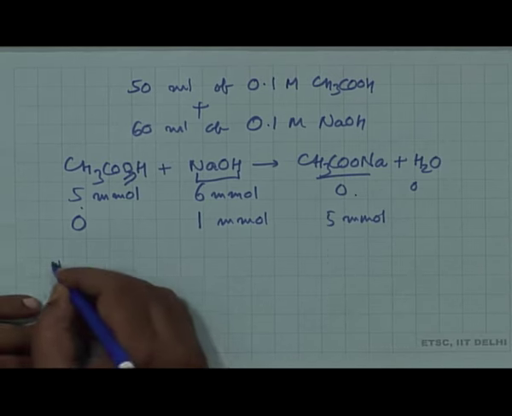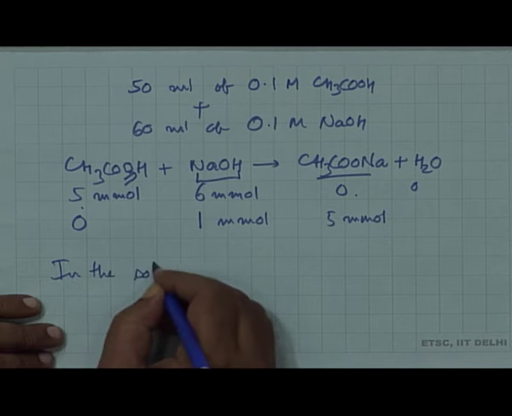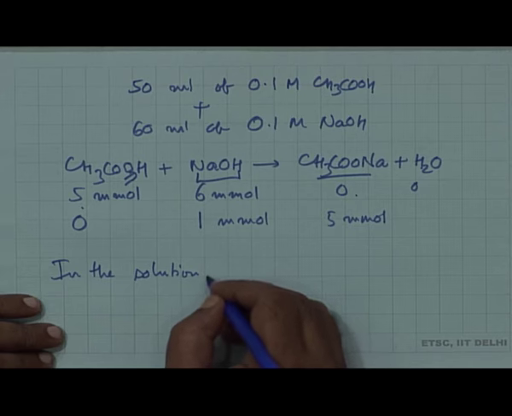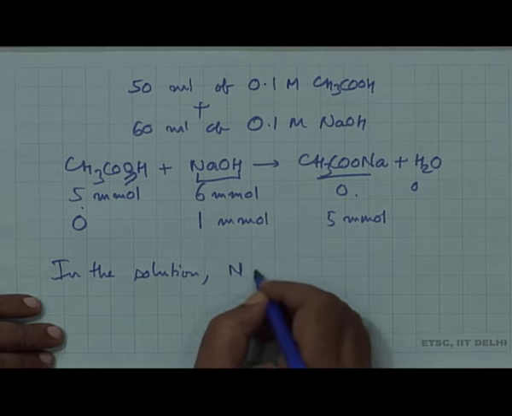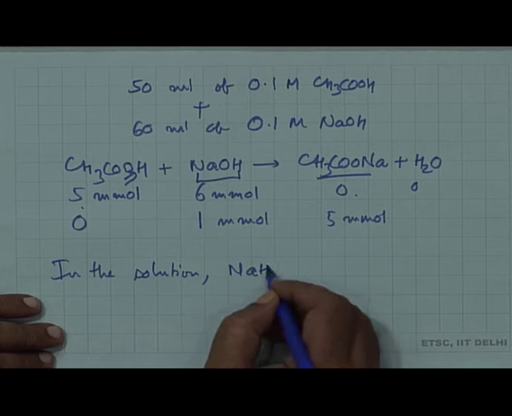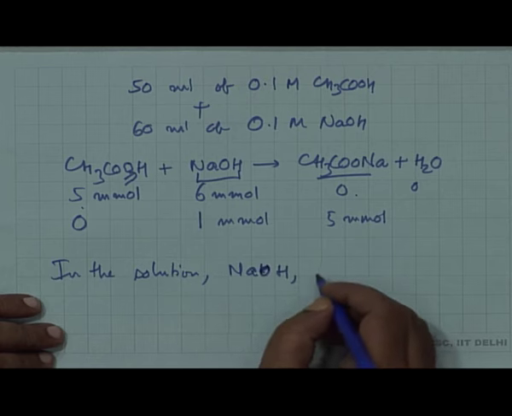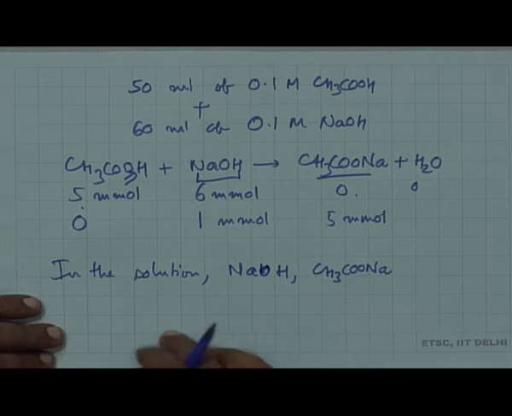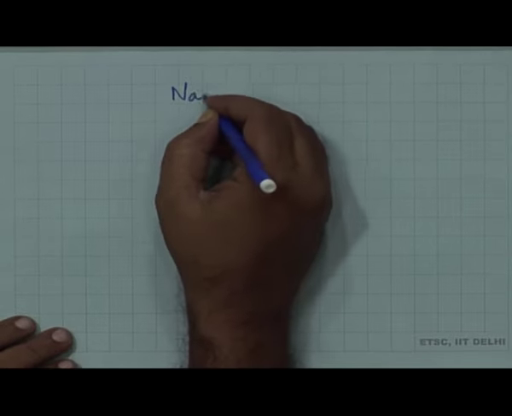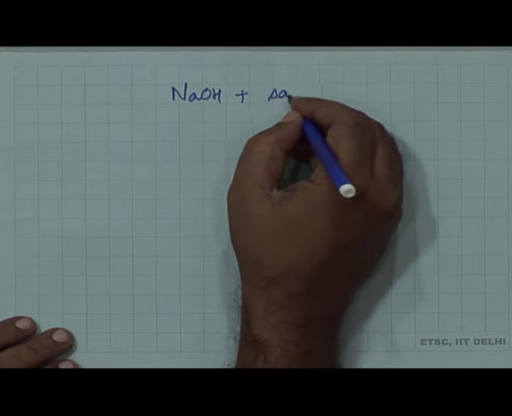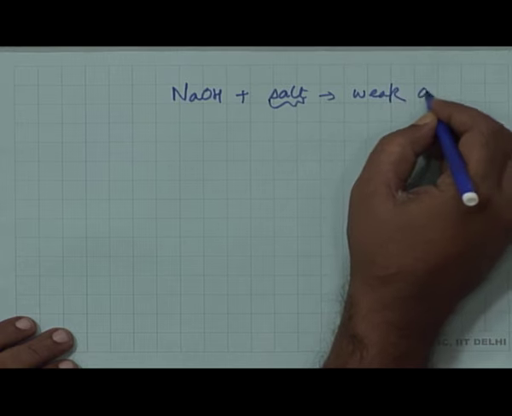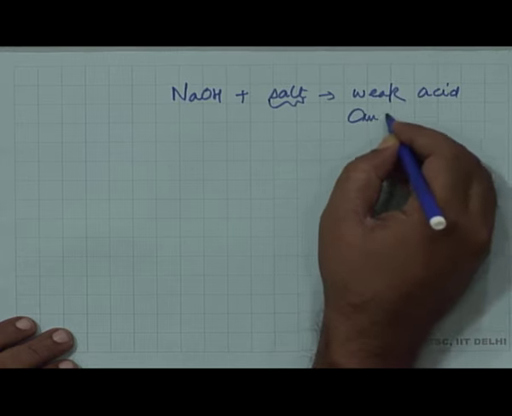Now, you see in the solution we have a strong base NaOH, and we have salt which is CH3COONa. So, we have NaOH plus salt, and this salt is of a weak acid and a strong base.